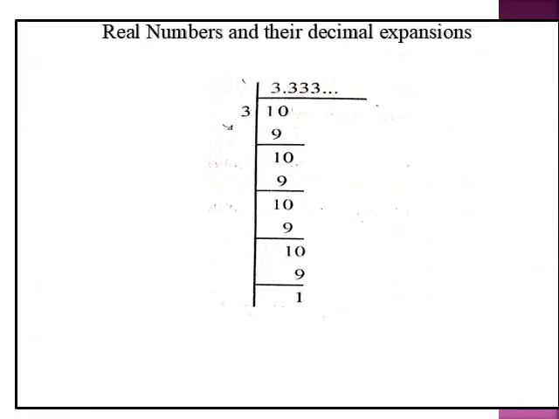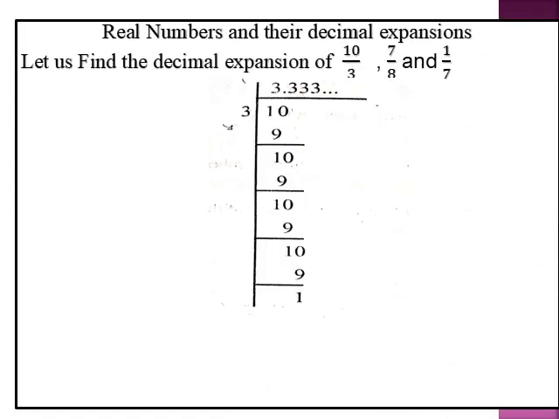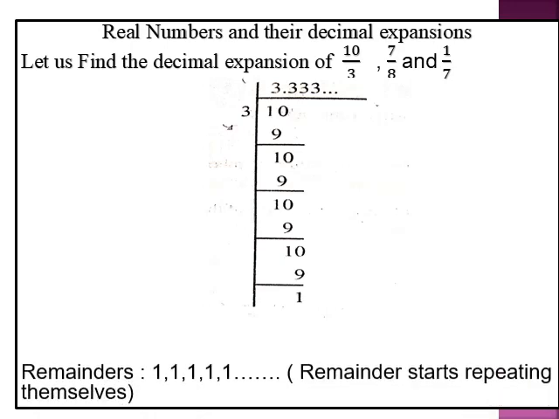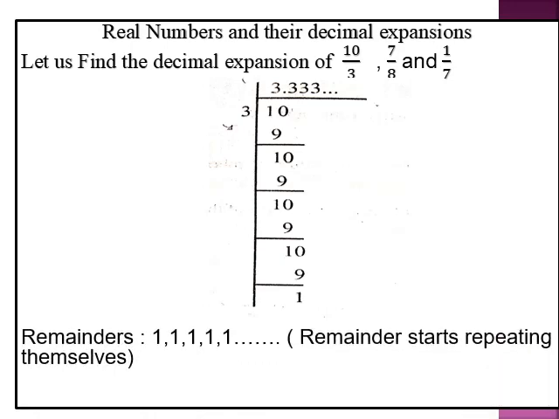Now see here the decimal expansion of 10 by 3. We will see 7 by 8 and 1 by 7 also. If you divide 10 by 3, at each step you will get 3 in the quotient, and at every step you will get the remainder as 1.